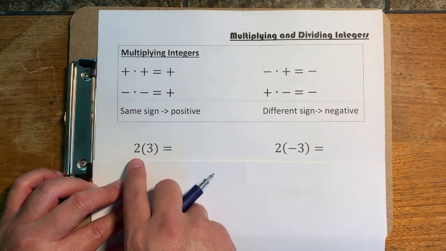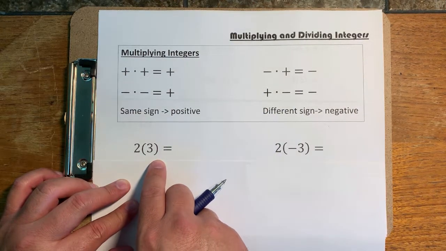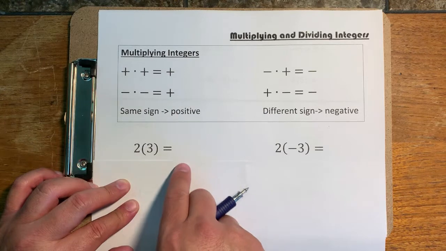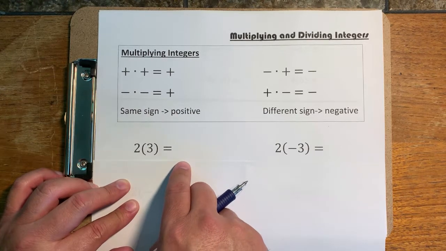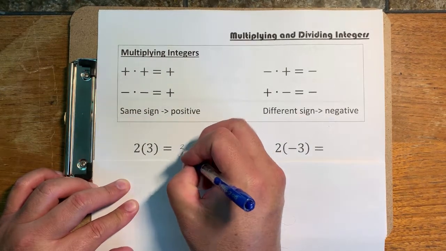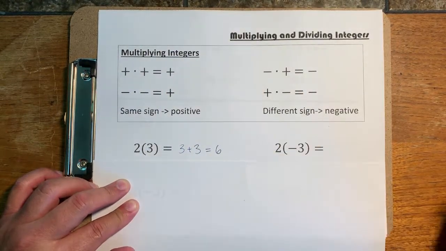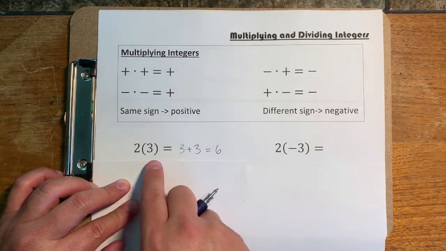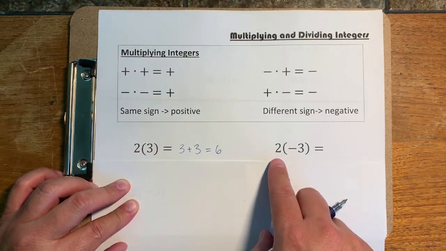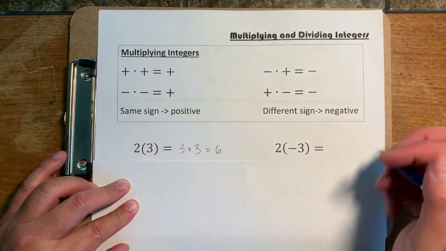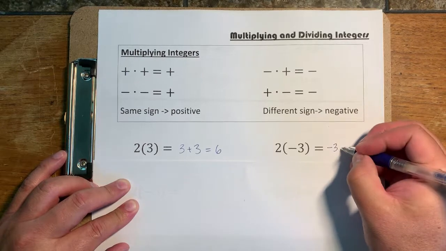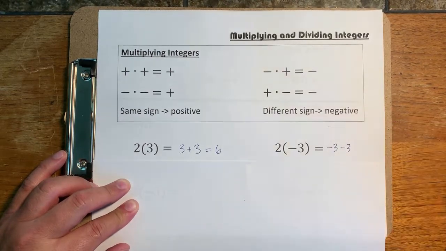If we look at 2 times 3, something that we understand, we know that that's equal to 6. The reason it's equal to 6 is because 3 plus 3 is equal to 6. Now, using this same pattern, if we have 2 times negative 3, what's happening is that we have negative 3 plus another negative 3.